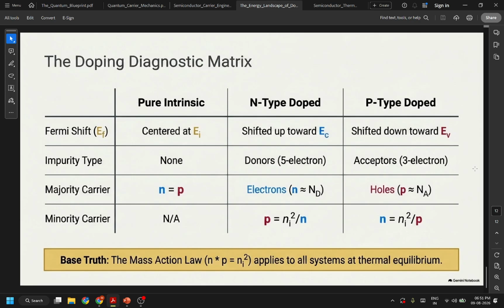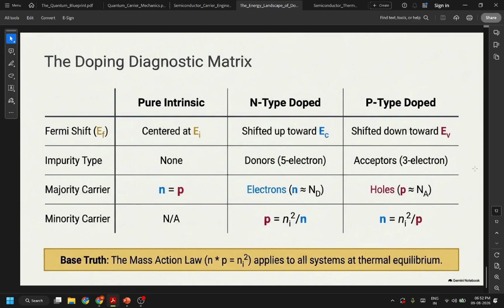And at thermal equilibrium, we assume that the number of free electrons is almost equal to the number of ionized donors, or the number of holes is equal to the number of ionized acceptors in p-type, and the minority carriers can then be calculated using p equals Ni square by n, or n equals Ni square by p.